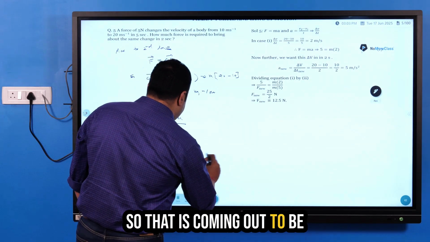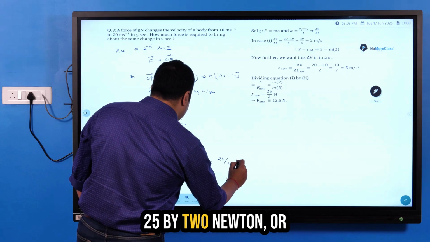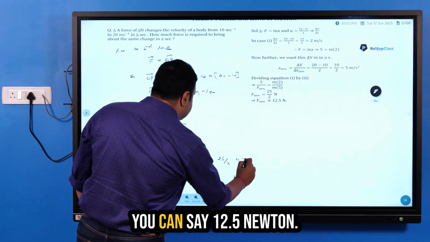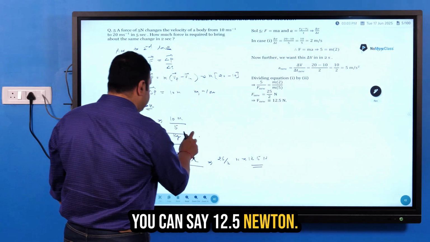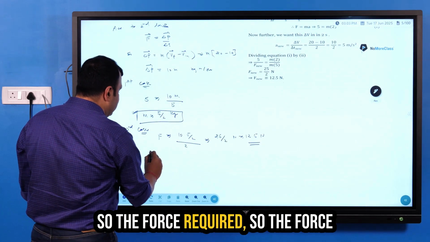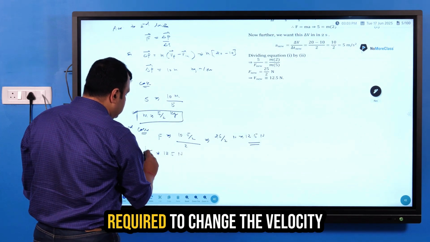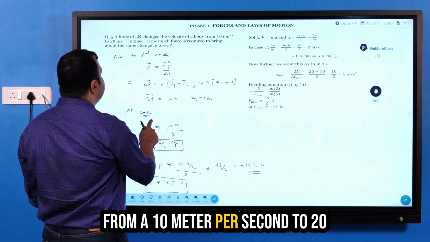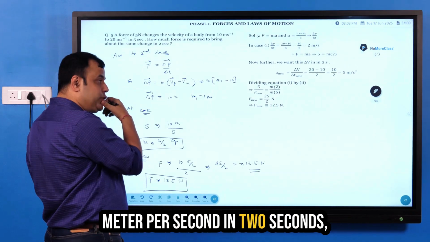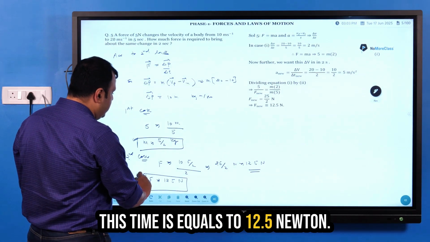So that comes out to be 25 by 2 Newton, or you can say 12.5 Newton. So the force required to change the velocity from 10 meter per second to 20 meter per second in 2 seconds this time is equal to 12.5 Newton.